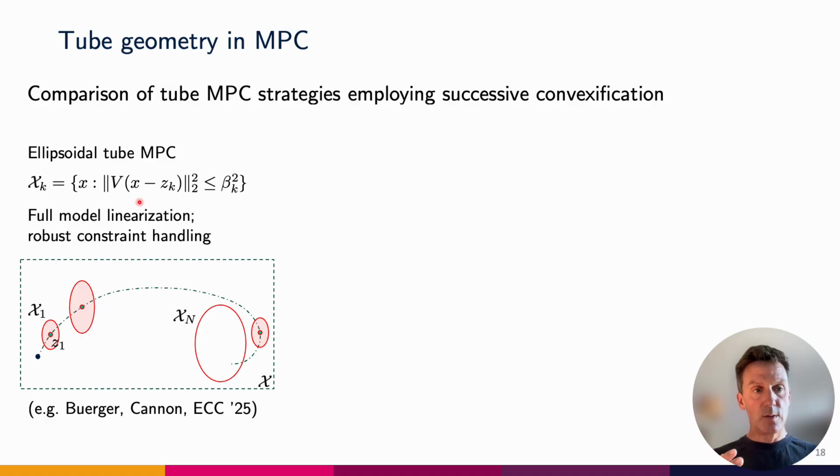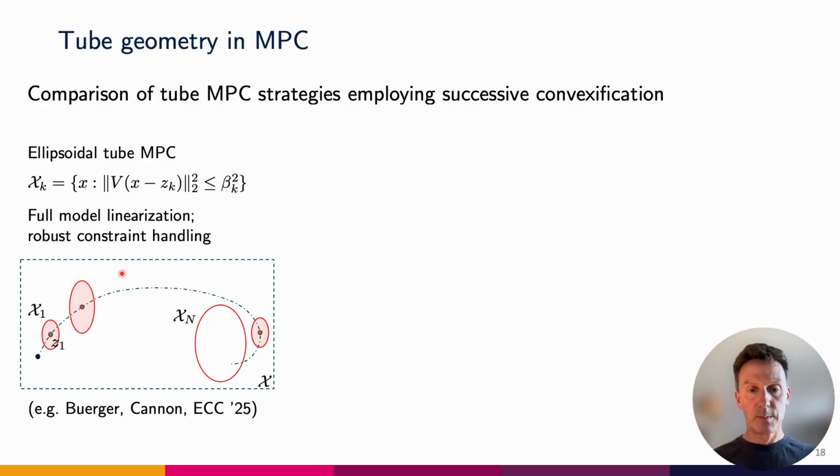That means that the tube cross-section at time k is defined by these parameters z, which defines the center of the ellipsoidal set, and beta, which defines its scaling. Here I'm assuming that the shape of the ellipsoidal set is fixed, and that's fixed by this matrix V. Because these sets are ellipsoidal, I'm going to focus on an MPC strategy which uses full model linearization.